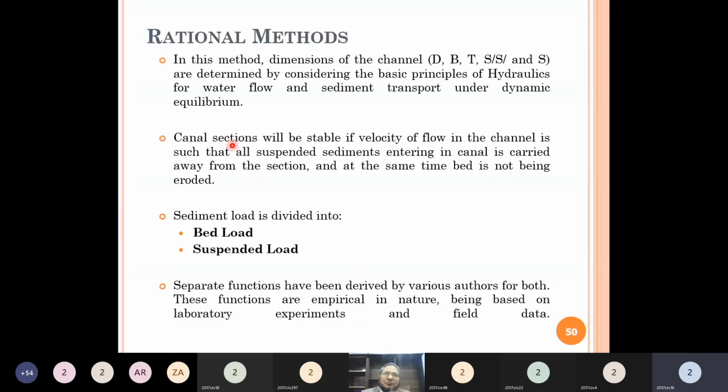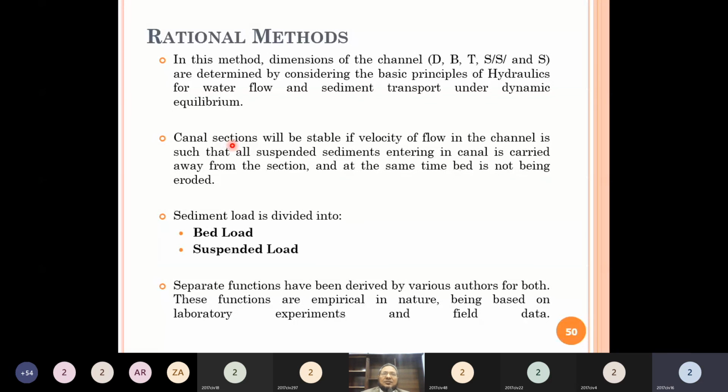Are the sediments which are moving in suspension coarser? कौन से मोटे? The bed particles are coarser. जो sediment particles हैं they are coarser, and the sediment particles which are in suspension they are finer.